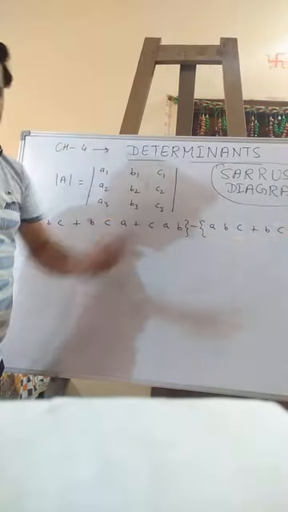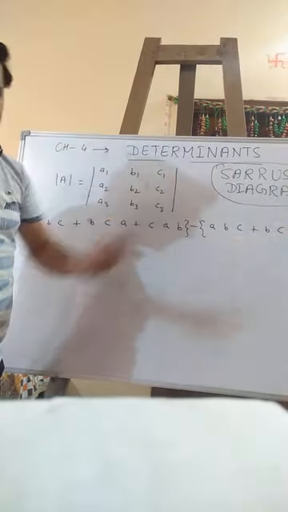Now I am going to show you the Sarrus diagram. First we are using this diagonal shape. As you know, A1 is outside, so write here 1, and this number multiplied by this number, B2, C3. That's why I write here 2, 3.